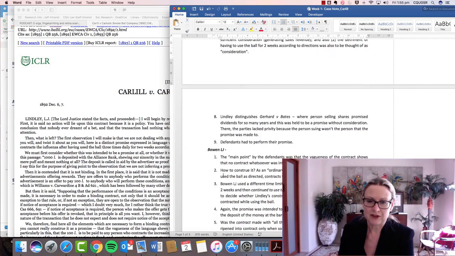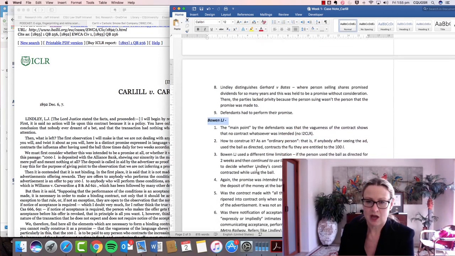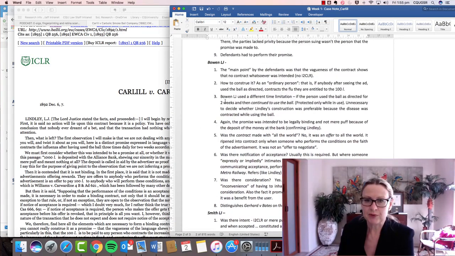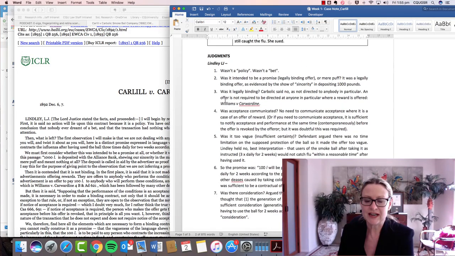And then I do that for each judge, so Lindley, Bowen, and Smith. And then I can flip through what I've noted down as important that each judge remarked on, and I can see if any of those remarks tie up, because where they've used the same reasoning on the same issue, then I can say with some confidence that as long as there are 2 out of the 3, there's going to be a ratio of the case on that point.